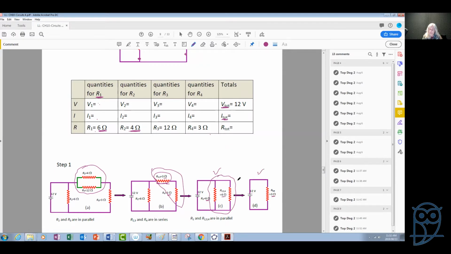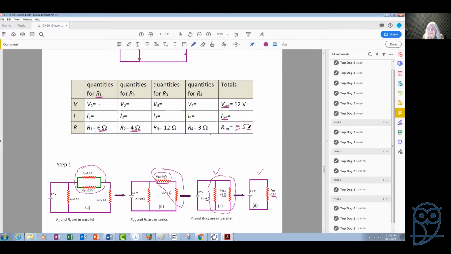And that is the end of this simplification. Now that we have the total resistance, 3 ohms, we can add its value here. What an ugly omega. Let me make a better omega there. So this is 3 ohms. We have the total resistance.